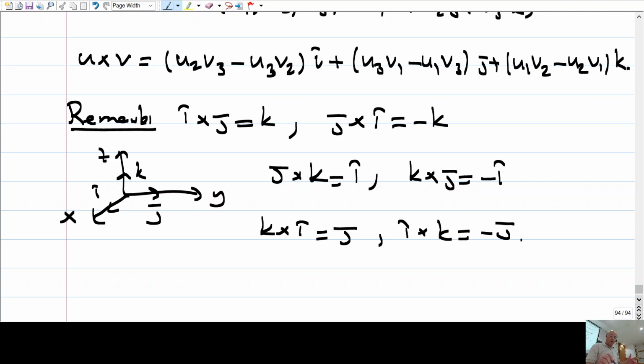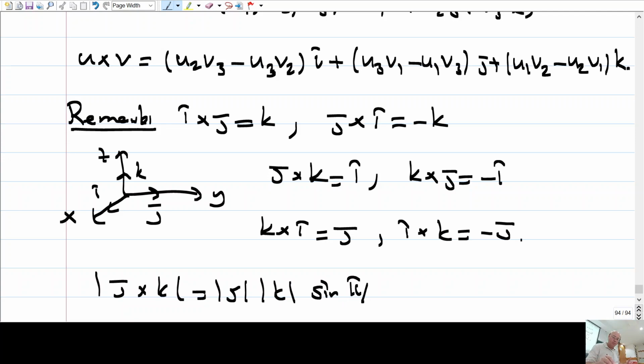Of course, I should check the length condition, but here all of them are unit length, and the angle between them is 90 degrees, and sine 90 is 1. Therefore, what is the length of this cross product? Length of j, length of k, times sine theta, where theta is pi over 2.